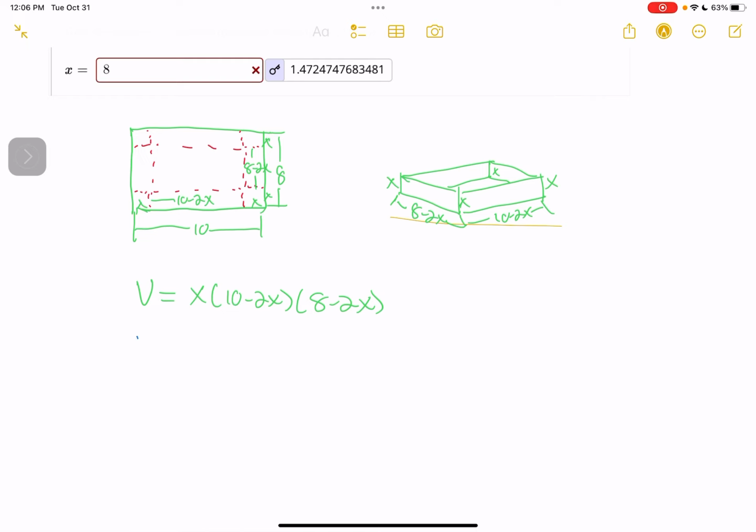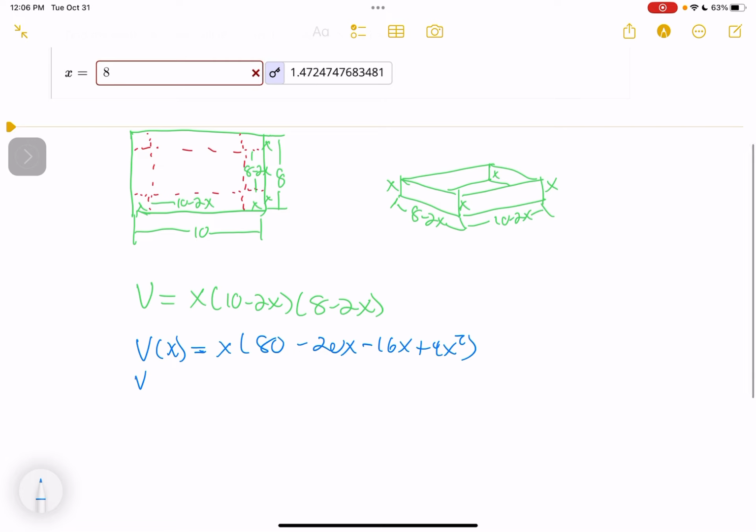Now, for me, it'd be easier if I just call this V of x equals, and I'm going to multiply this out. So I'm going to call this x times 80, I'm going to FOIL it, minus 20x minus 16x plus 4x squared, or V of x equals x times 80 minus 36x plus 4x squared.